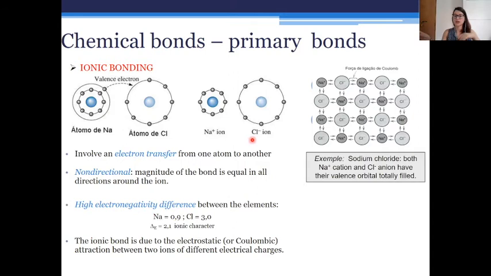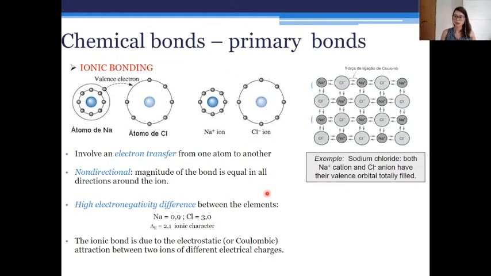Due to this transfer of electrons, since it is non-directional, the magnitude of the bond is equal in all directions around the ions. So it is the same in all directions. The strength of this bond is measured in Coulombs.